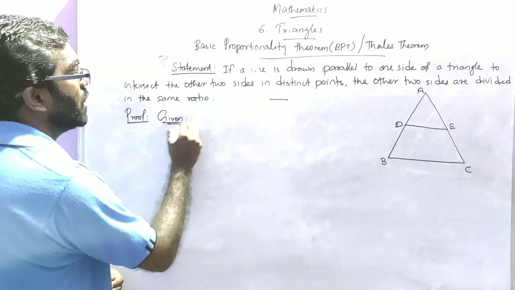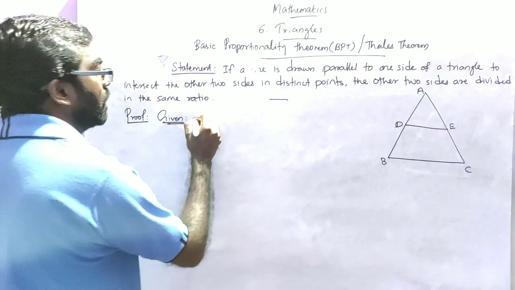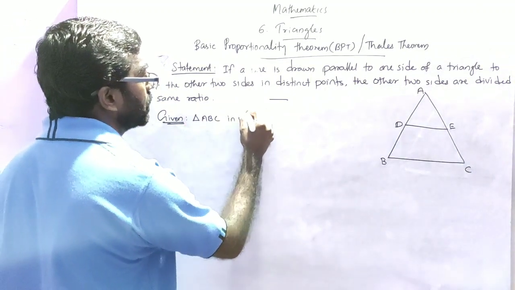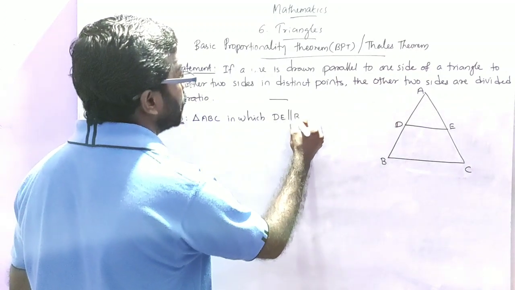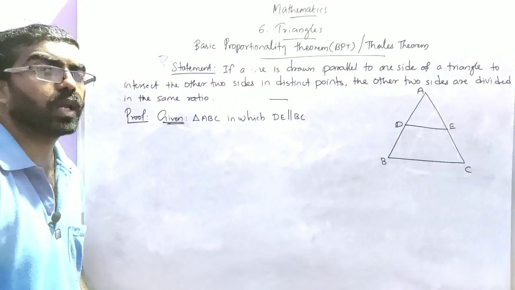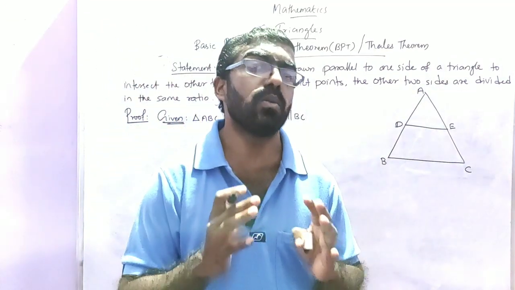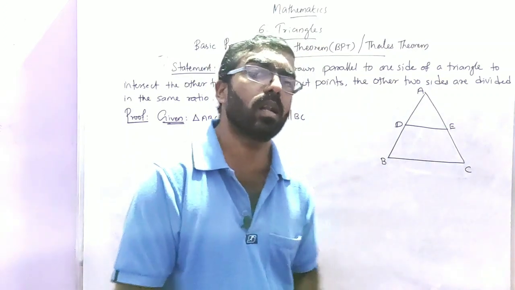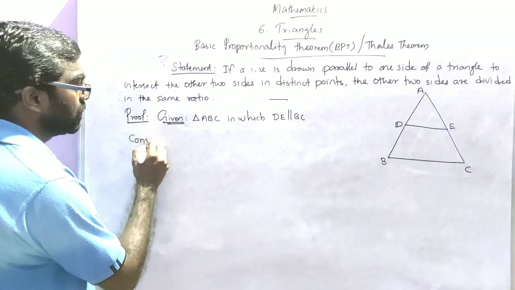Given means what is given in the question. In this question we are given a triangle ABC in which DE is parallel to BC. In order to score full marks in the board exam, you have to construct the proof in such a manner. Clear?